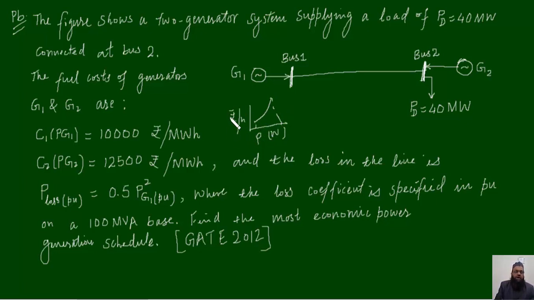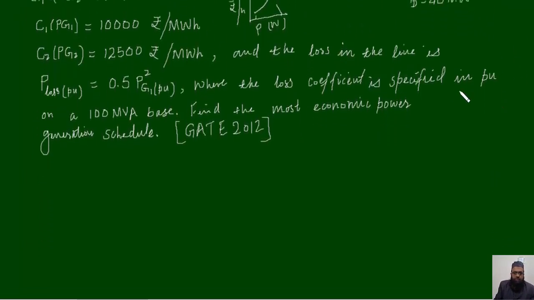So just observe the units. If the units are like that, those are cost. The first derivative of this gives the incremental fuel cost, in rupees per hour upon megawatt, that is rupees per megawatt hour. So these are the incremental fuel costs of the two generators. So find the most economic power generation. For the solution, it starts from here.